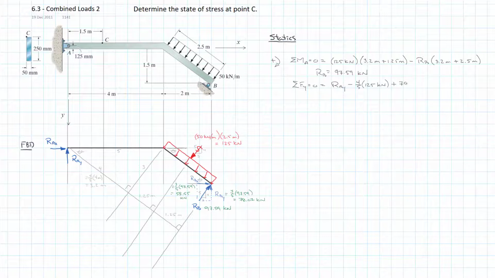So plus 78.07 kilonewtons, and that allows us to calculate RAY to be equal to 21.93 kilonewtons.